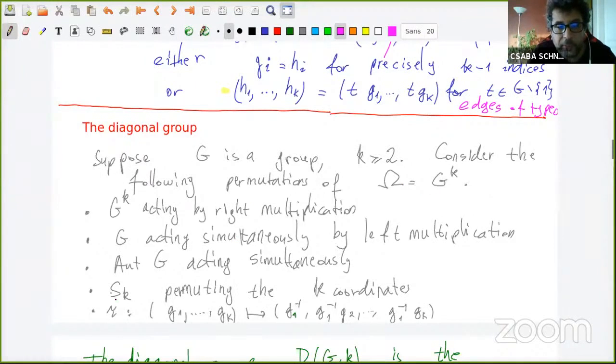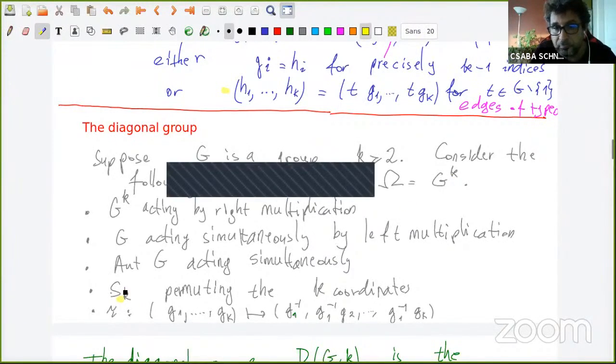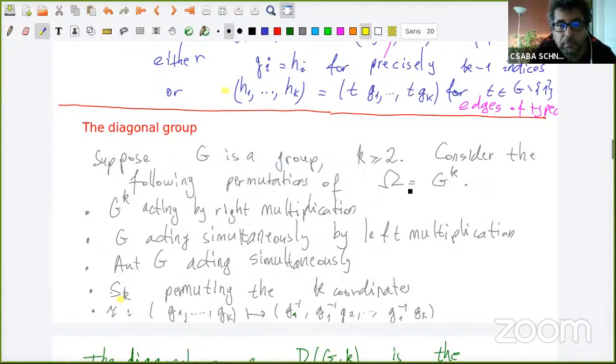I have the symmetric group S_k. Let omega be G to the k, and S_k permutes the entries in an element of omega, and this induces permutations. So this is another ingredient in my group. And finally, we have this permutation that we call tau.